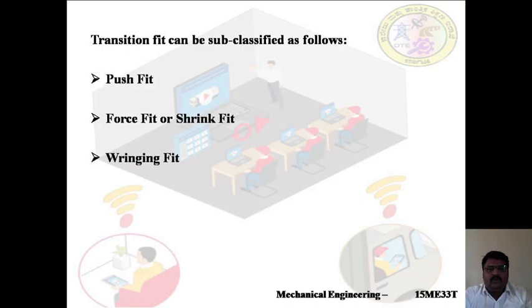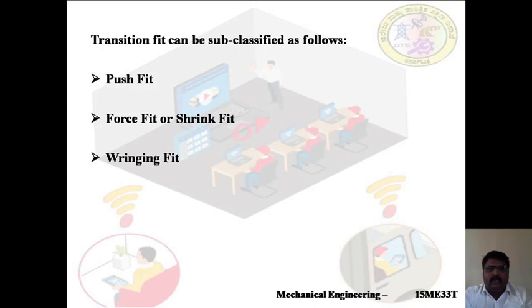A force fit is used when two mating parts are to be rigidly fixed so that one cannot move without the other. It either requires high pressure to force the shaft into the hole or the hole to be expanded by heating. It is used in railway wheels, etc. And the last one is ringing fit.